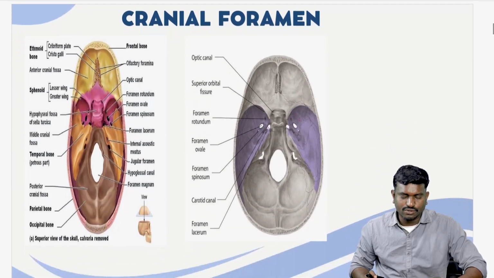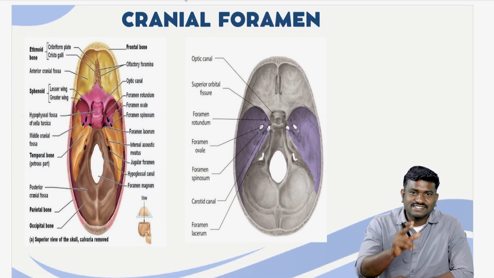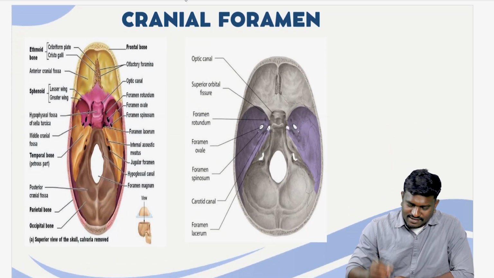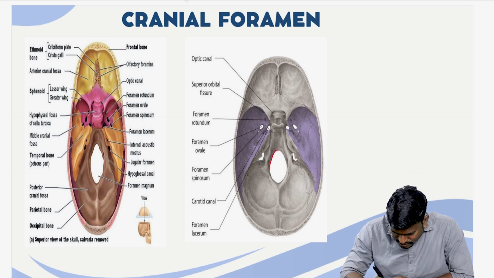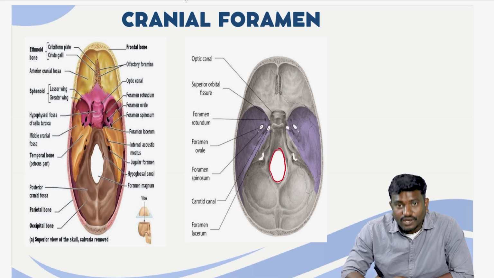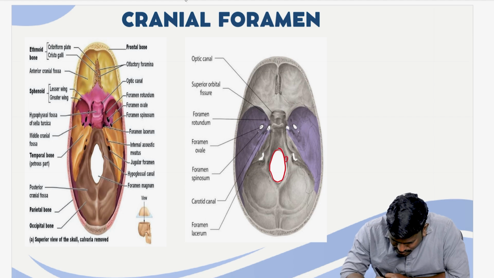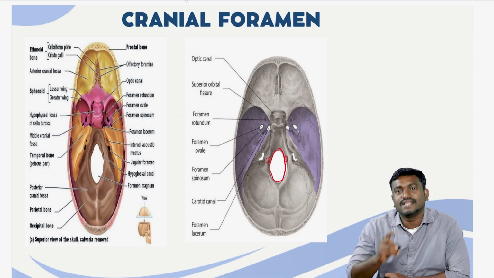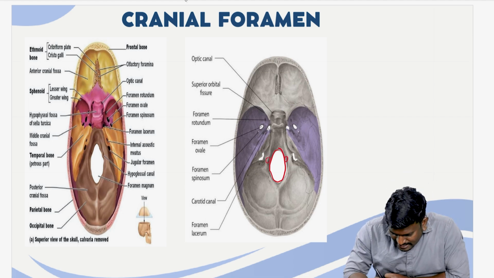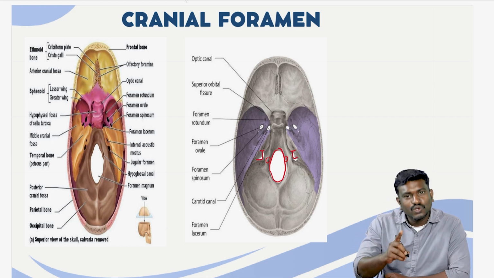Moving ahead into cranial foramens. Let's start with the easiest one. What is this foramen called as, sir? This is called as foramen magnum. Very good. Just close to it is going to be the hypoglossal canal. There is a J-shaped foramen. What is this J-shaped? This is going to be jugular foramen.